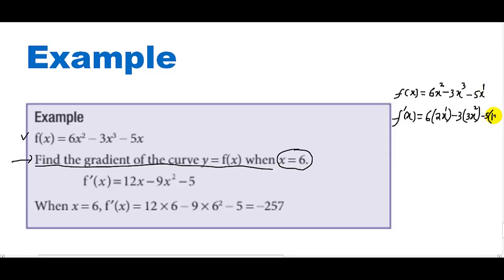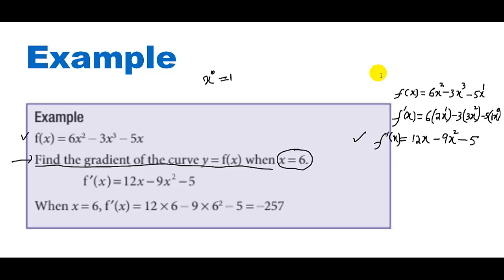Bring the power 1 down, subtract 1 from the power, x power 0. Just do simplification: 12x minus 9x squared, and student, anything power 0 is 1. x power 0 is 1. So it means it is minus 5. So this is our derivative. Do you all understand this step?